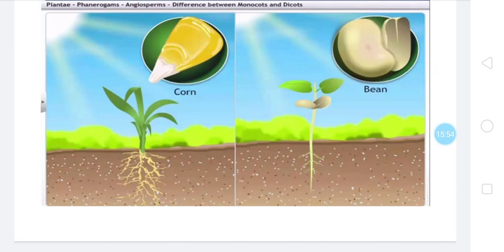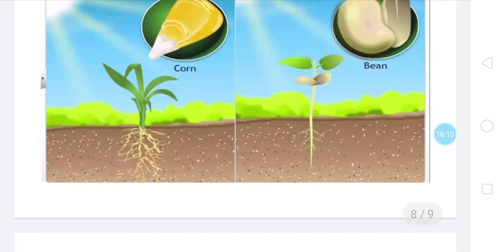If you observe dicot plants, if you uproot a gram plant, or any other dicot plant like the groundnut plant we took initially, or a hibiscus plant in an early stage, what will happen? There is a taproot system.